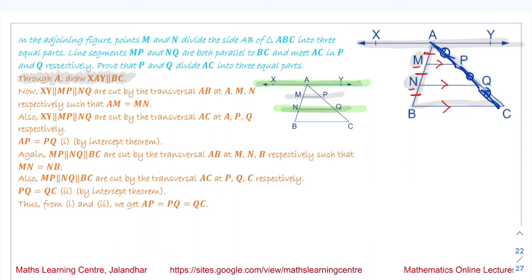For these three lines, AB is the transversal and AC is the transversal. These two are the transversals. On this transversal, we have our line XY, this is MP, this is NQ.